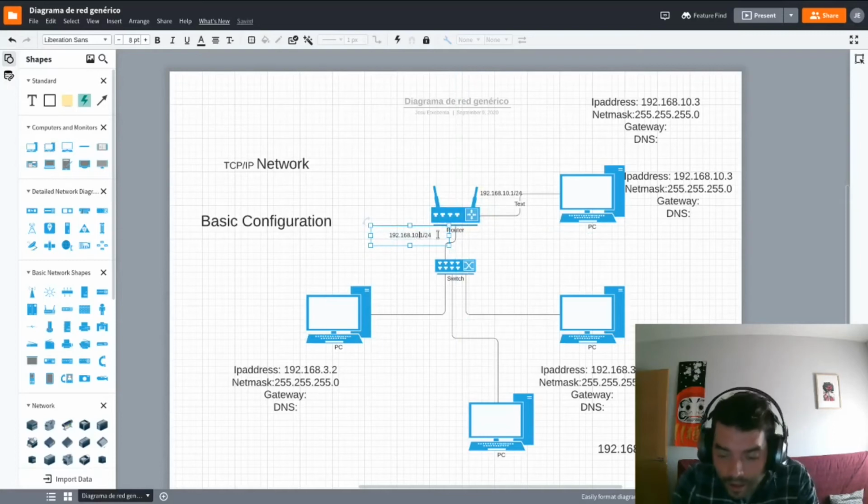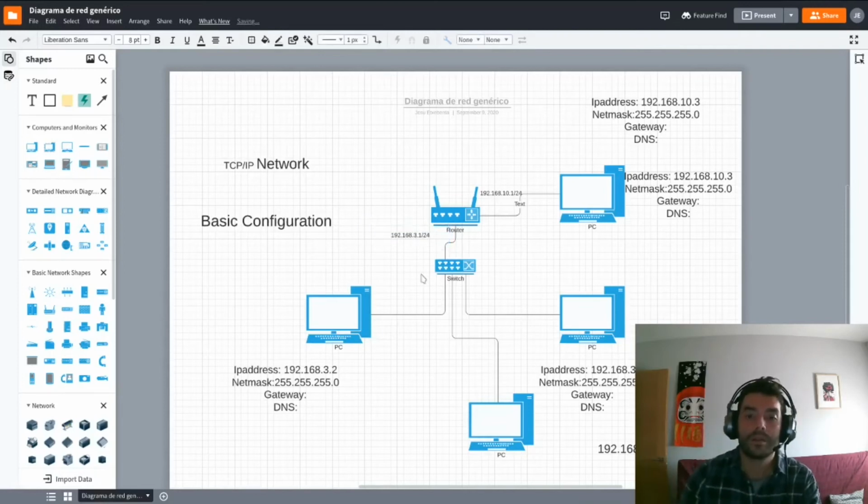Okay, so here the router is in both networks, in network 192.168.3.0 and in network 192.168.10.0. Okay, so I'm gonna delete this.